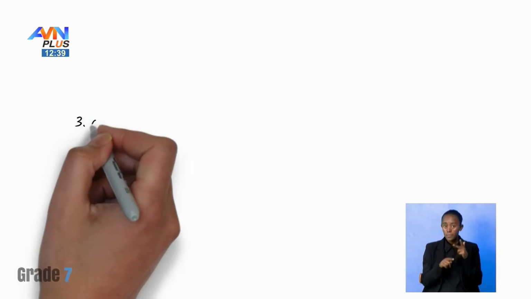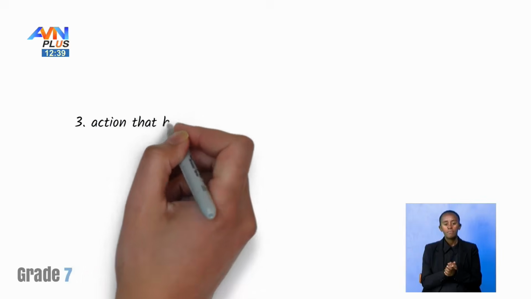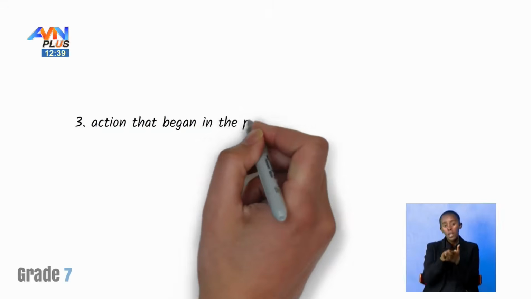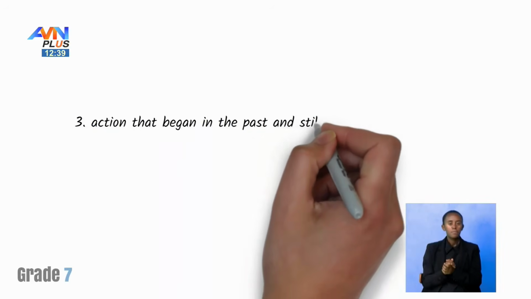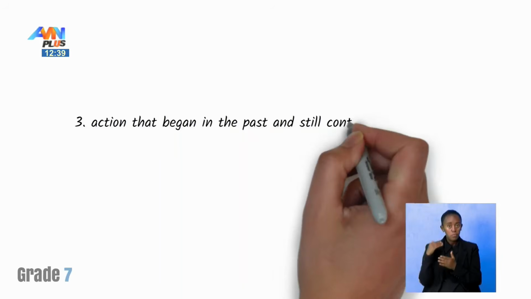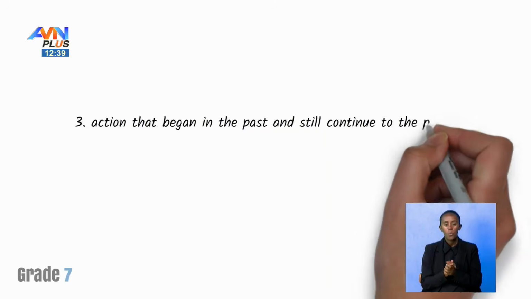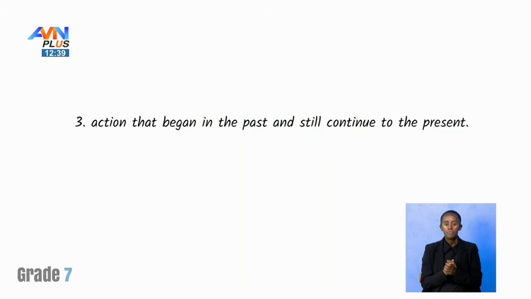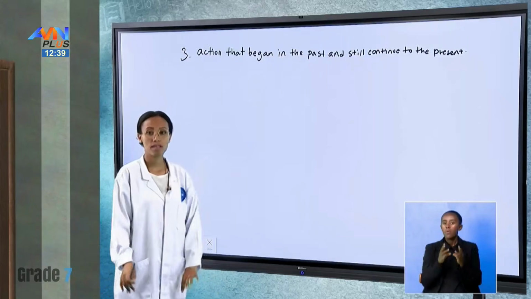The third one that we saw last time is an action that began in the past and still continues to the present. So this is the third and final way that we saw the present perfect tense.